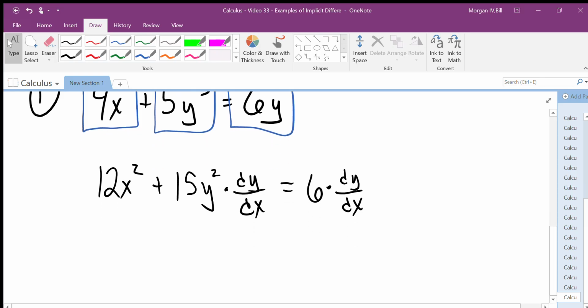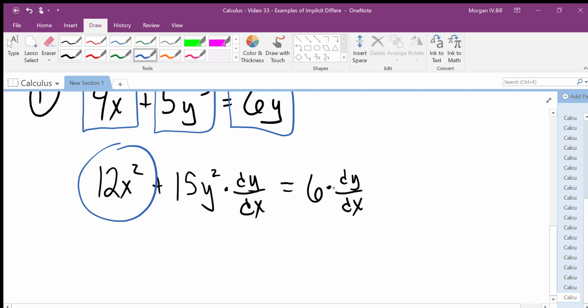We're trying to solve for the dy dx. So what I like to think about is this. Every term that has a dy dx in it gets moved to the left-hand side. Every term that does not have a dy dx in it gets moved to the right-hand side. And so we see that the 12x squared does not have a dy dx, so I'm going to subtract 12x squared from both sides. It's going to go to the right. The 15y squared dy dx has a dy dx, stays on the left-hand side of the equal sign.